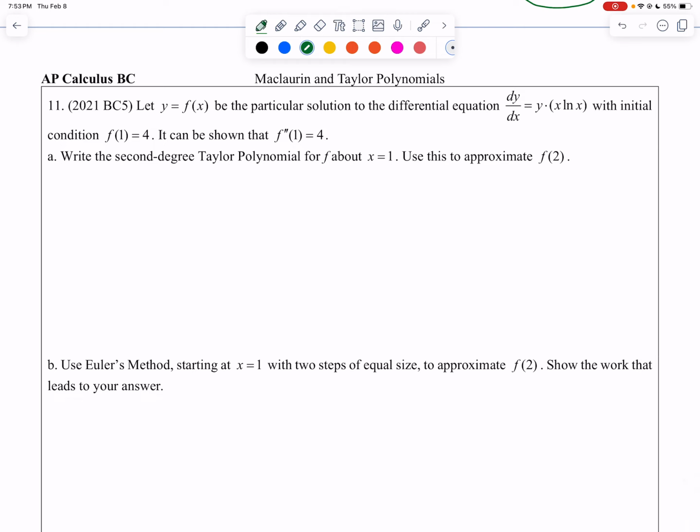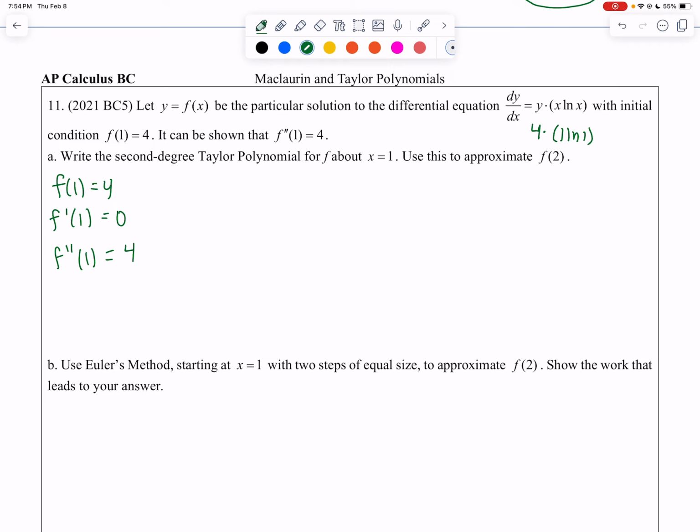All right, so we want to write a second degree Taylor polynomial. We know that f of 1 is equal to 4. We don't know what f prime of 1 is. I'm going to figure that out. So this is going to be 4 times 1 ln of 1, which is going to be 0. And then it also tells us that f double prime of 1 is 4.